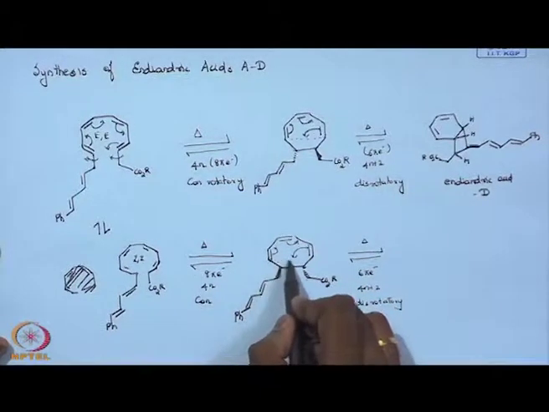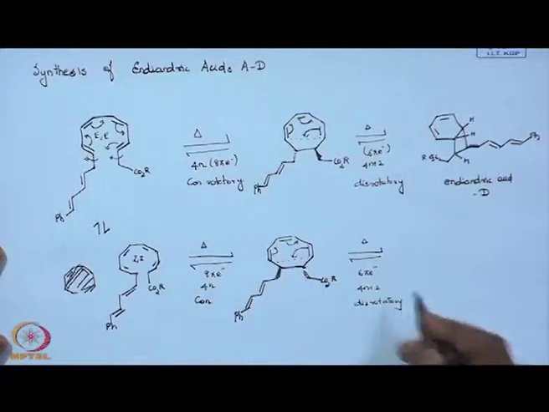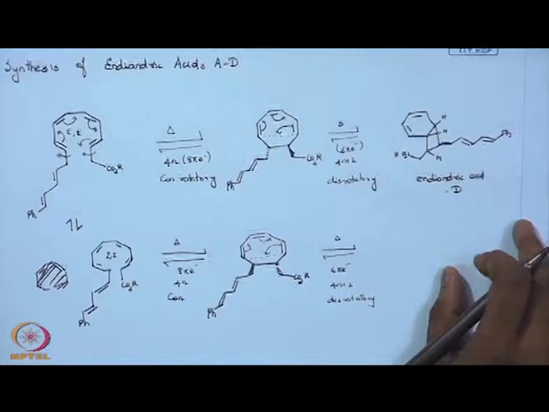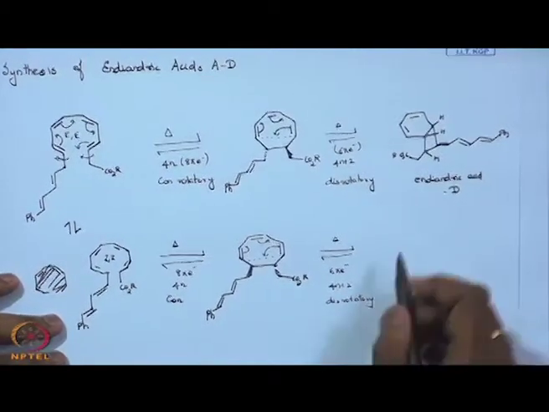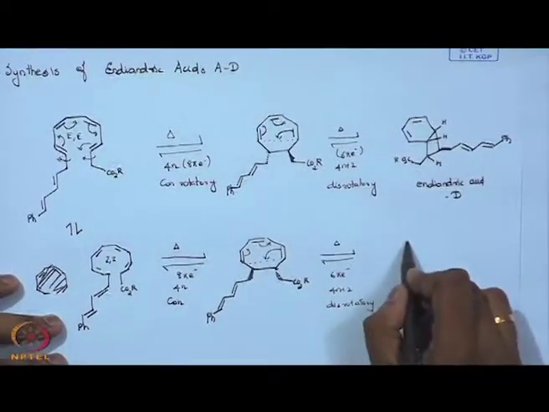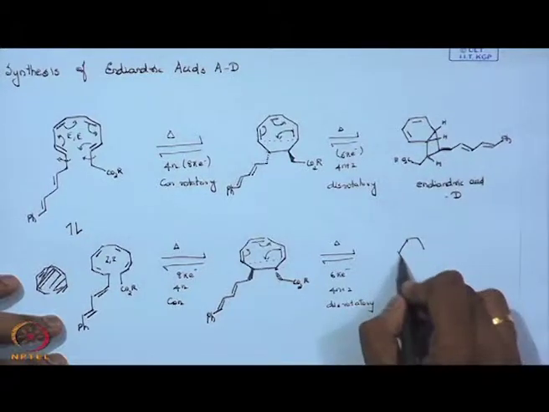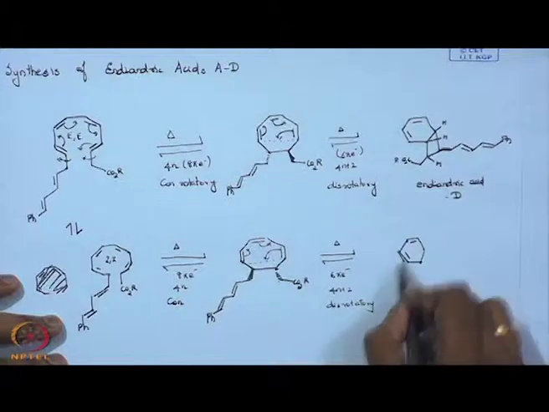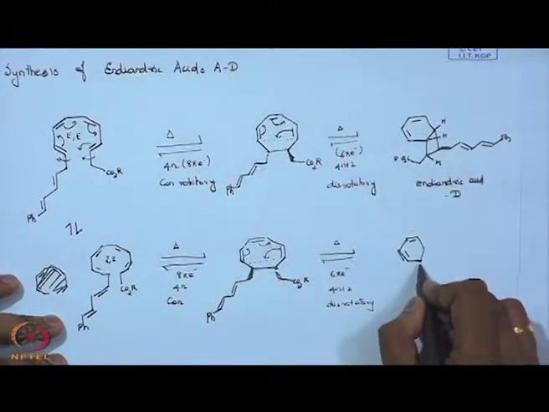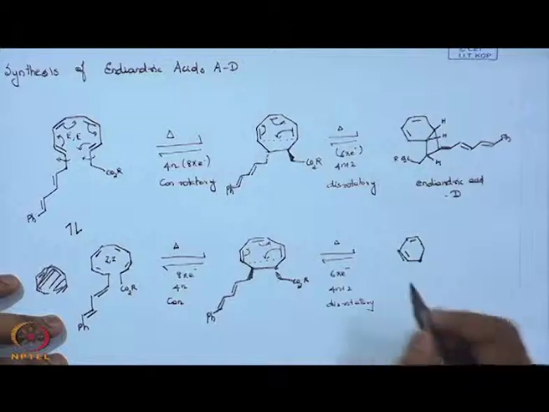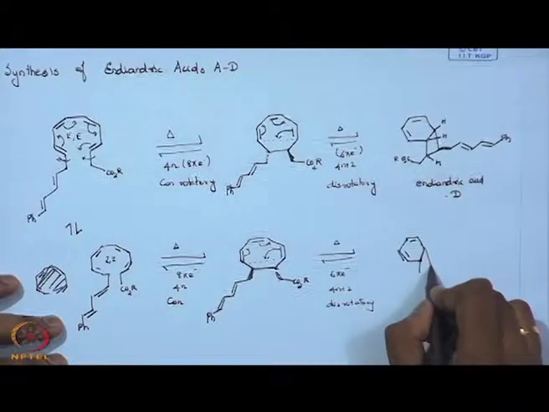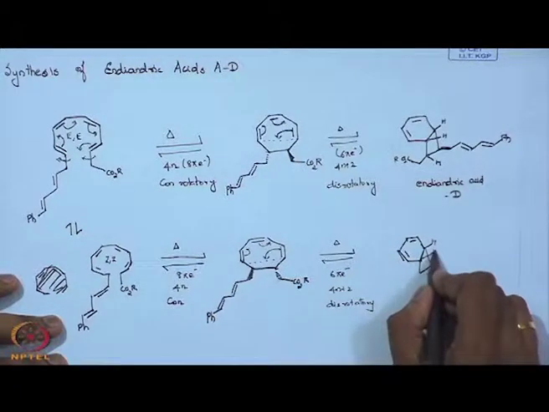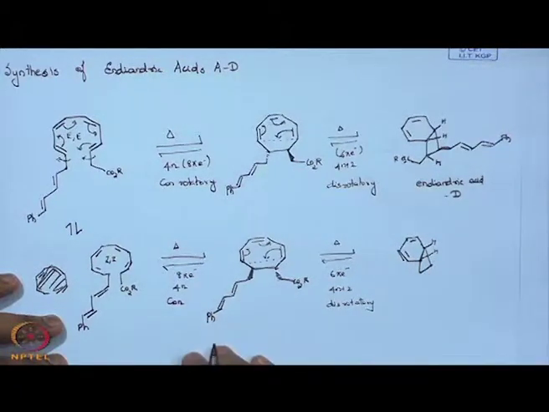If you want, you can. You see now the product, how it looks like. So, you have a nitrogen here, you have a nitrogen here. That part is clear, that is not a big deal.